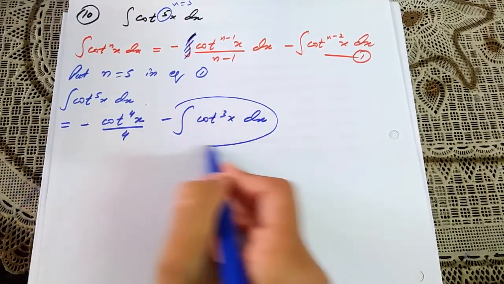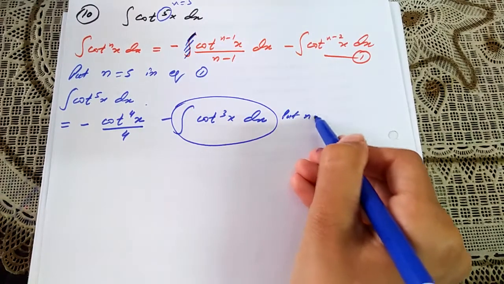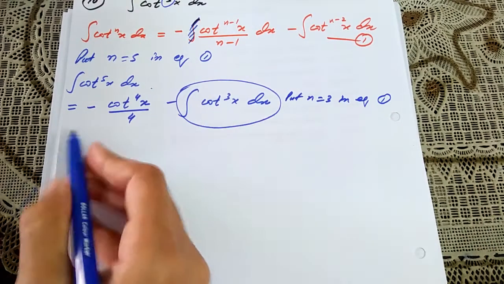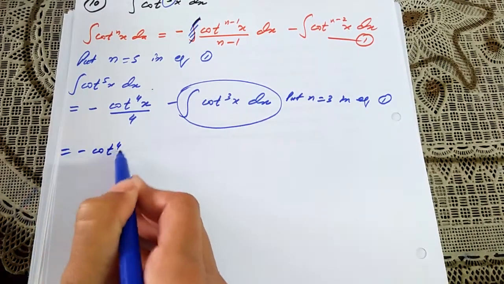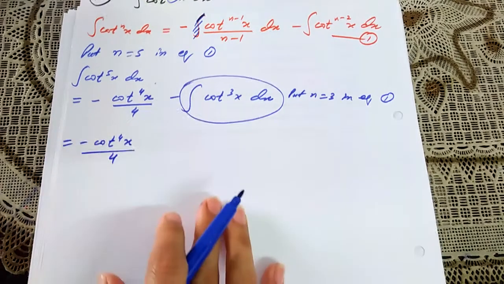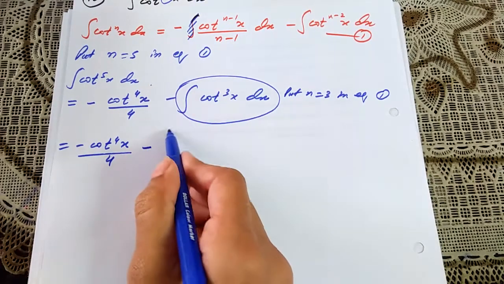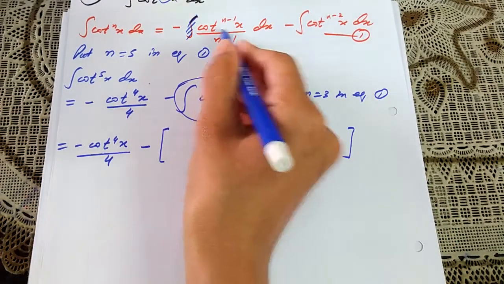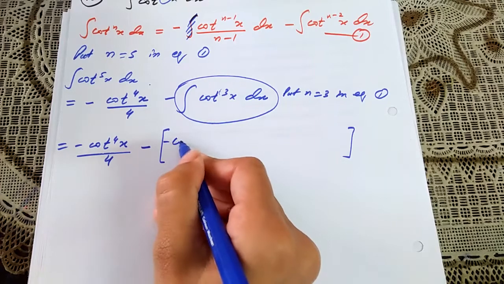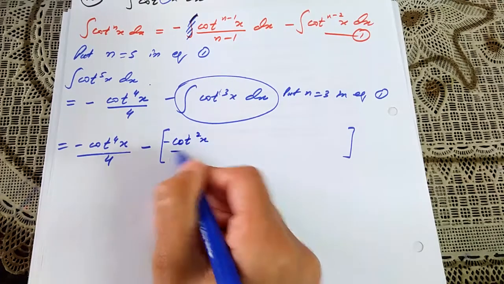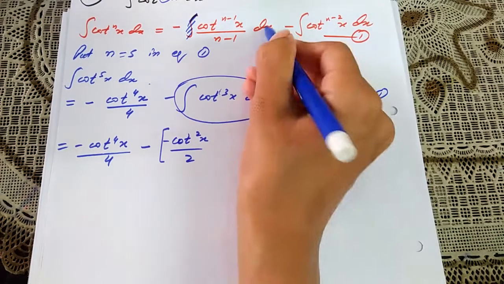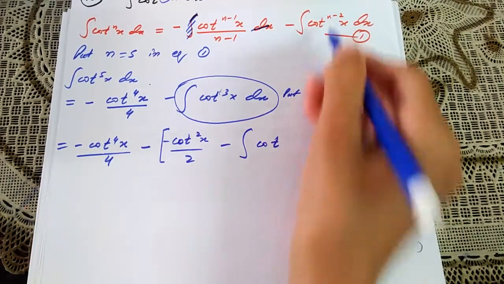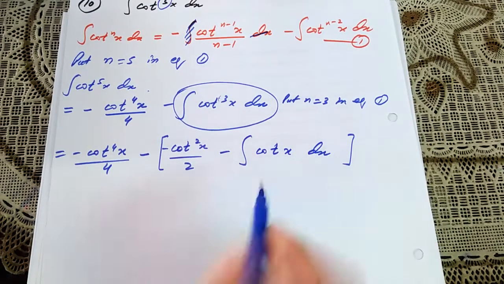Now for evaluating this, put n is equals to 3 in equation number 1. For that purpose, we will get here minus cotangent 4 of x over 4, and here in this part negative sign and this complete bracket. Use n is equals to 3 in this equation, we will get here minus cotangent square of x over 2 minus integral cotangent 3 minus 2 will be 1, cotangent of x dx.